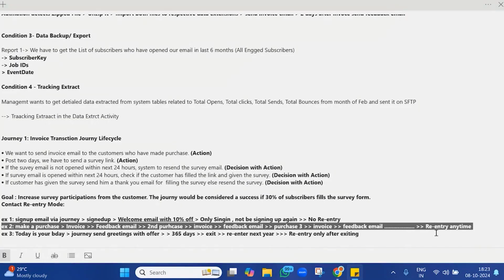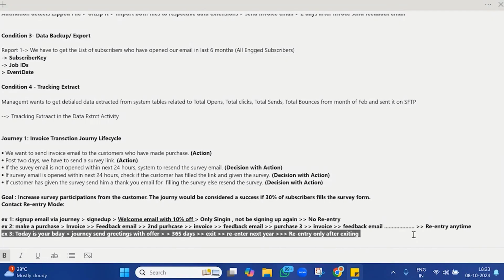And re-enter only after exiting is for, for example, your birthday, anniversary, special events, or your credit card annual fee renewal. Annually you have to pay some fees to your credit card.